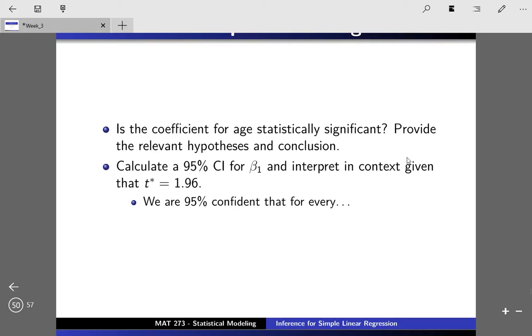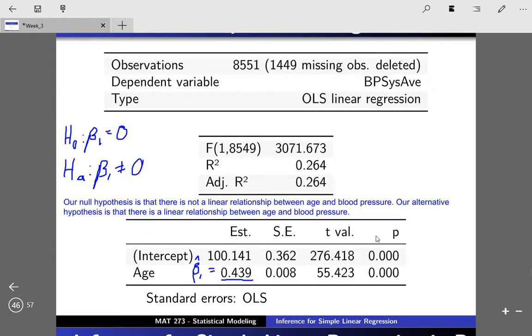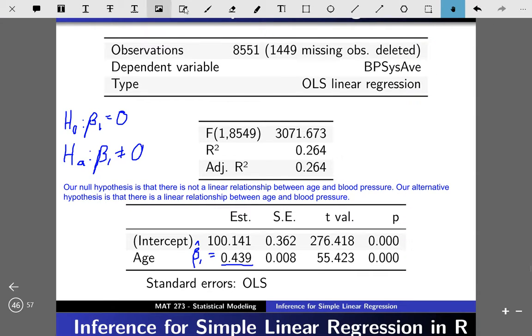And to test this, we look at the p-value here. This is the p-value that's relevant here for testing if the true slope is 0 or not.